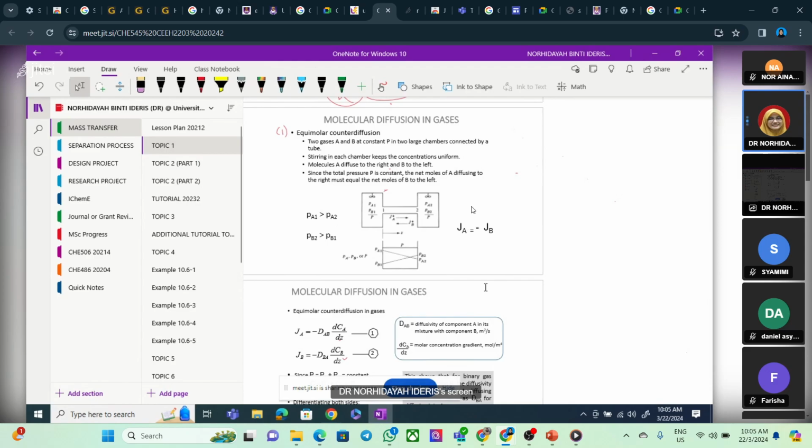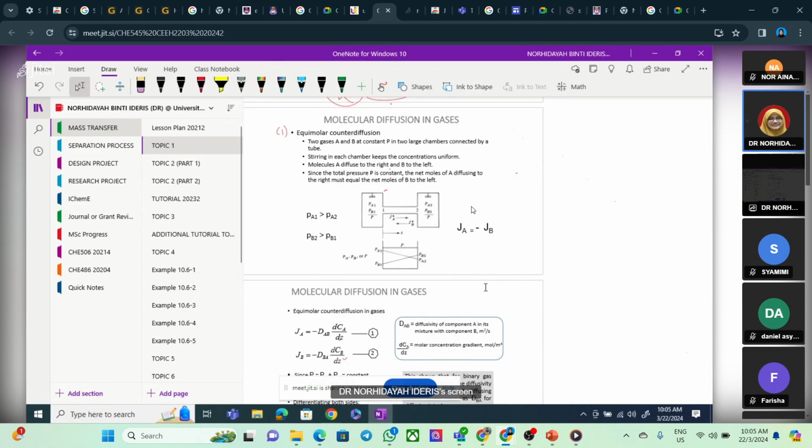Usually for the questions that might come in the assignment, midterm assessment and the final assessment, if I look into the trend, for the MTA and final examination, because it is a closed book examination, usually there is no question asking about the derivation of the equation.